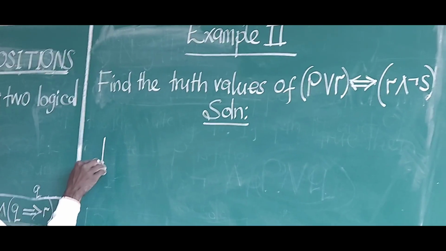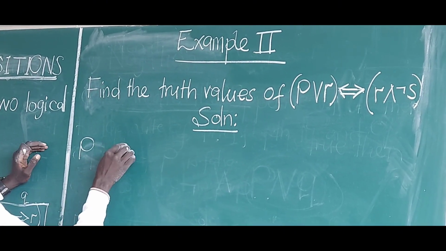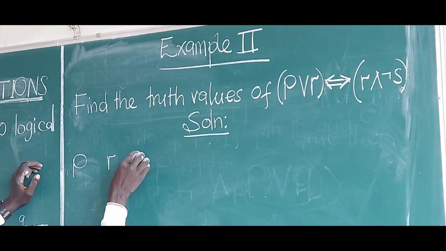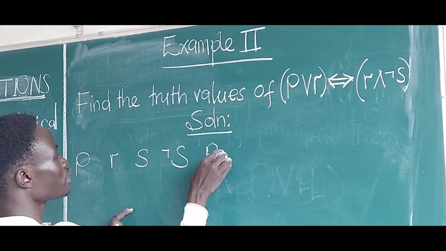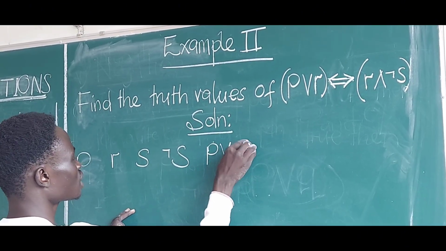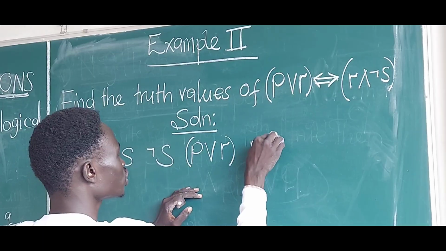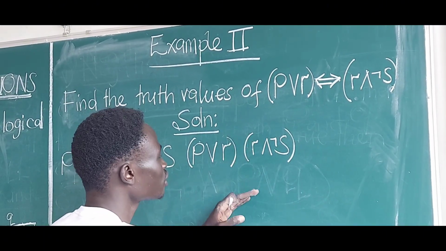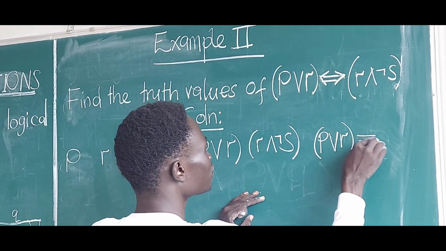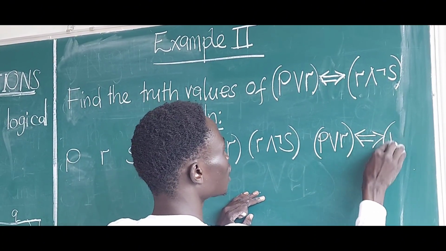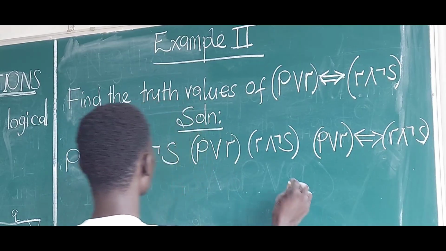So now we have P. Then we have R. Then we have S. Then negation S. Then we have P disjunction R. Then we have also R conjunction negation S. Then now we have the whole statement, which is P disjunction R, then this statement R conjunction negation S. Okay. So now let us see how we can solve this.